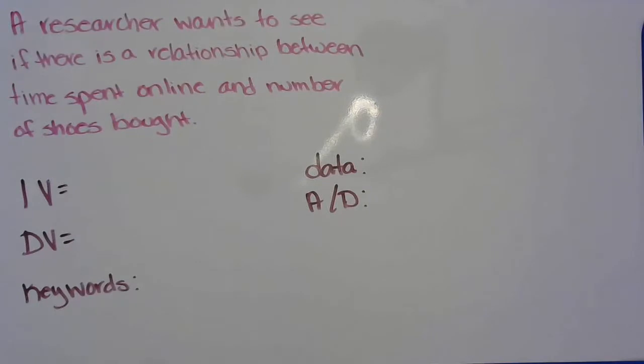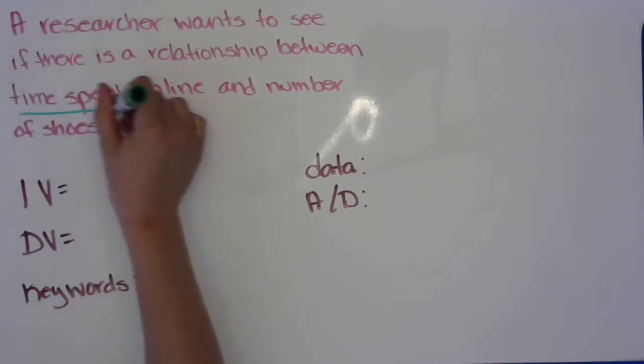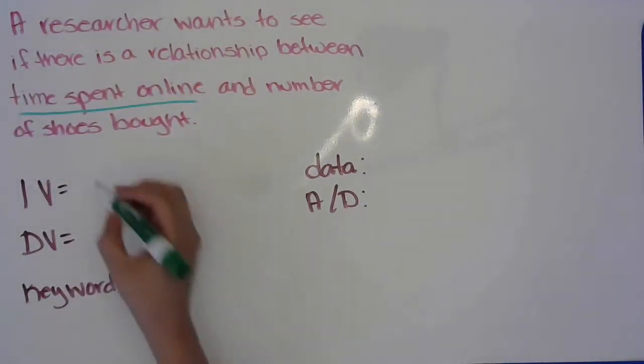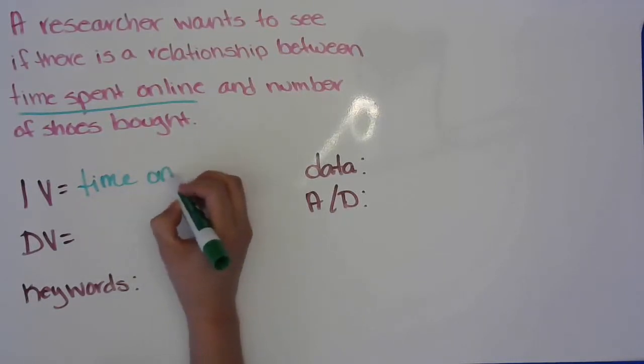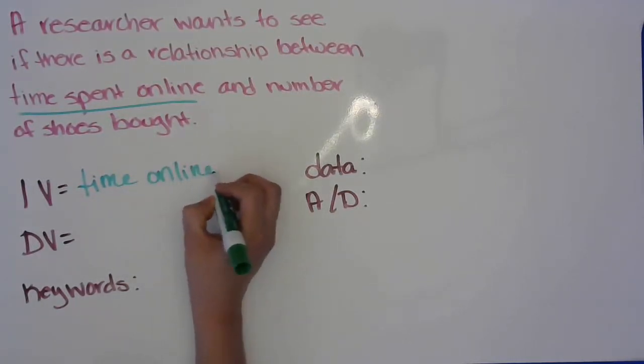So let's look and try and identify our independent and dependent variables. What is our independent variable? The independent variable is what the researcher is manipulating, what they are changing. Now in this instance, it is the time spent online that is the independent variable. So time online.